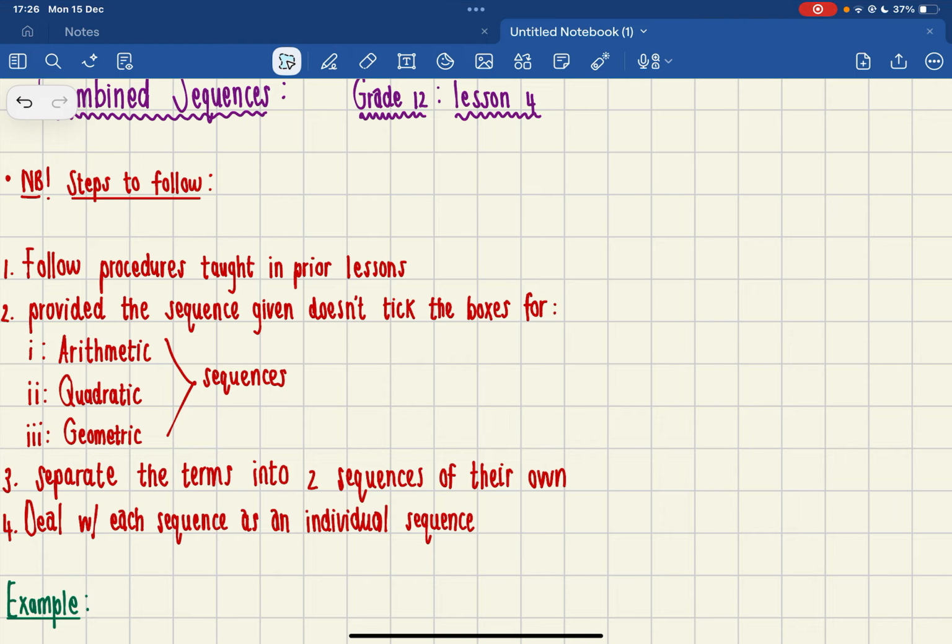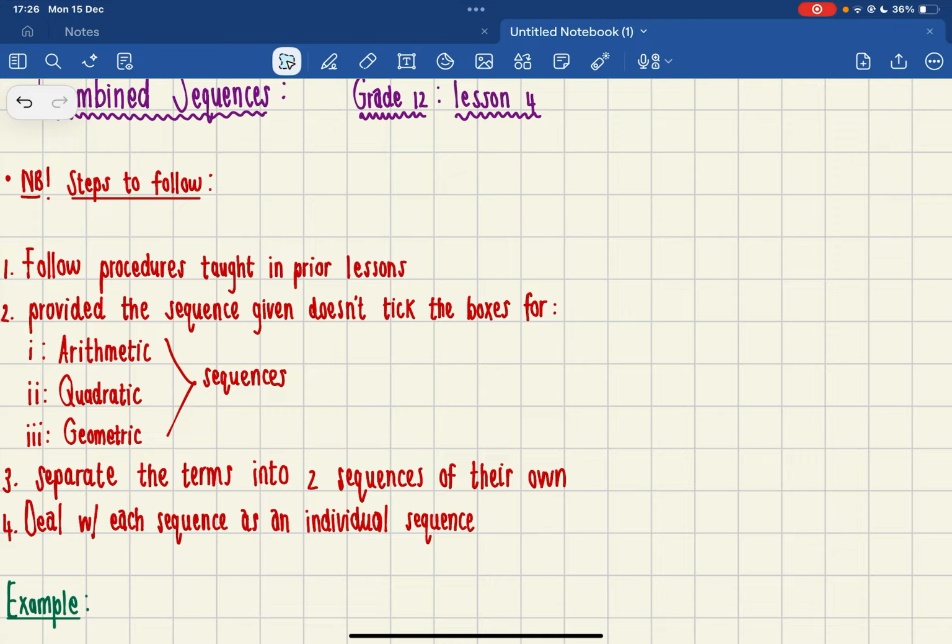Step 2: provided the sequence does not tick the boxes for arithmetic, quadratic, or geometric sequences, we follow step 3. We separate the terms into two sequences of their own, and then we deal with each one as an individual sequence.